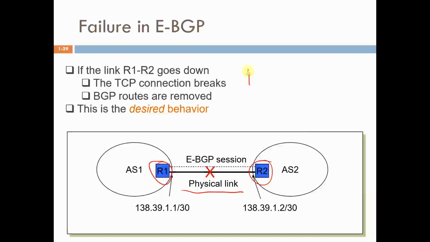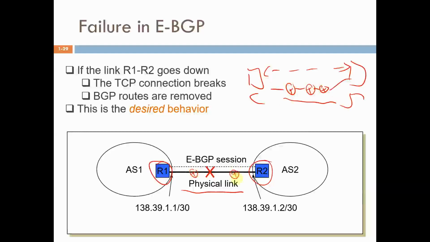Unlike, for example, what you would have at your device, if this is the client and this is the server, the TCP connection will be between the client and the server, and then the physical connection can actually run over several routers. Okay? In BGP, there cannot be any intermediate devices between the endpoints of the TCP connection, meaning that there cannot be any routers between R1 and R2. TCP is over the same physical connection between R1 and R2.